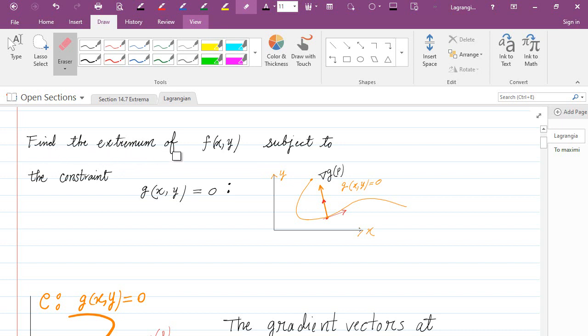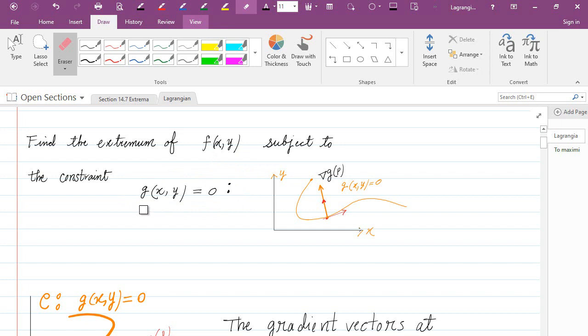So find the extremum of f of x y subject to the constraint g of x y is equal to 0. That is, we want to find the extremum of f of x y where x y satisfies this constraint equation, or where x y lies on the curve given by this equation.